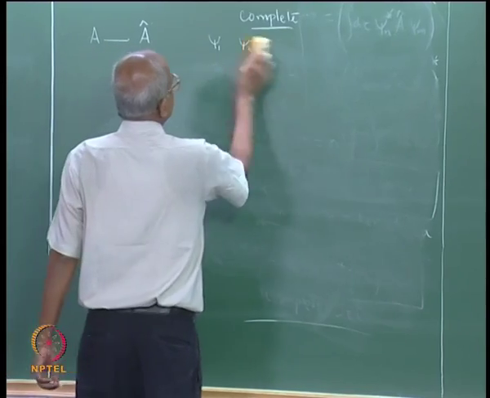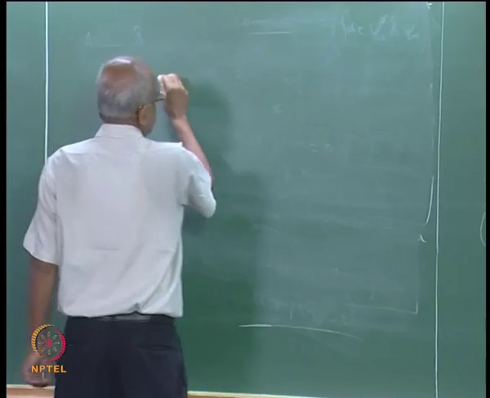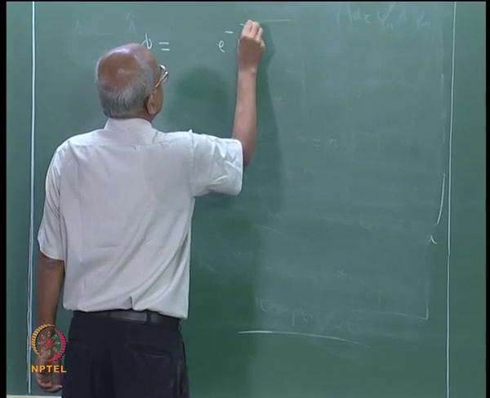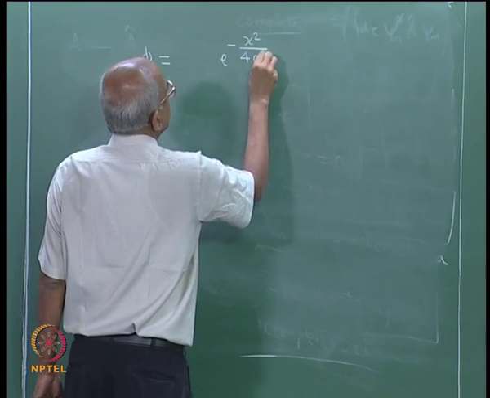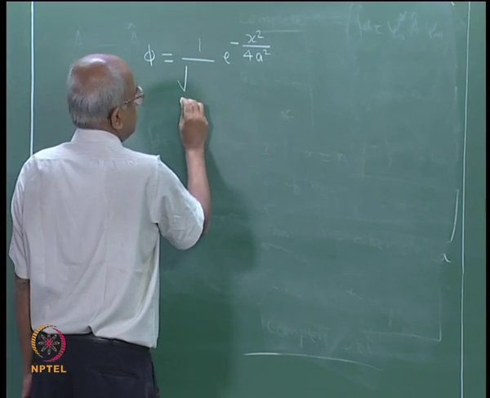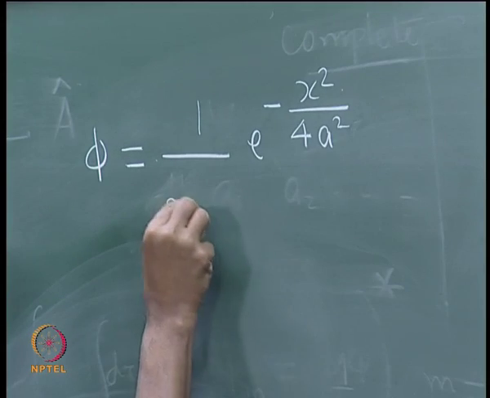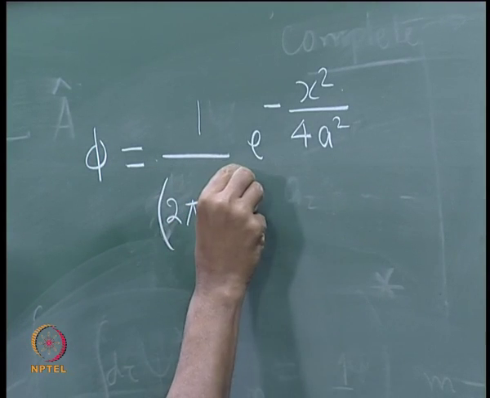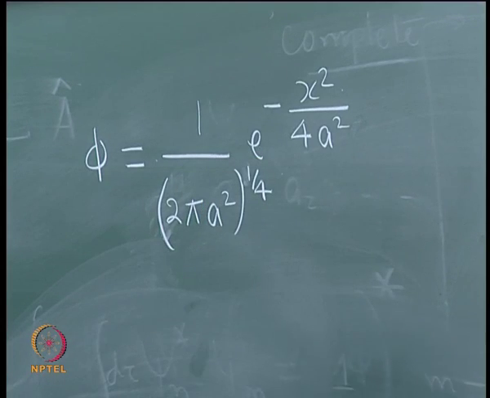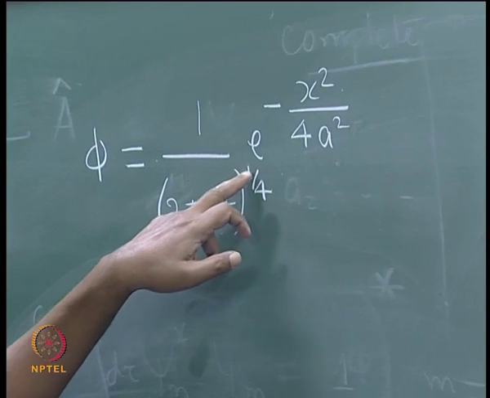To make the ideas clear, let me take an actual example. I am going to say that I have a state function phi, which is equal to e to the power of minus x squared divided by 4 a squared, hope the notation is clear, times 1 by 2 pi a squared to the power of 1 by 4.